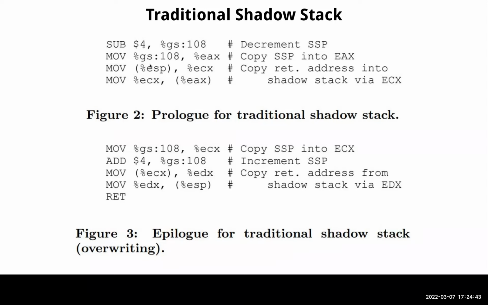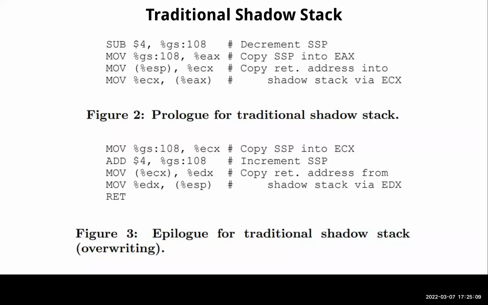Then we move that new address to EAX. Then we move what ESP points to into ECX. This will be the new prolog for the function. This code comes before the push EBP, move EBP to ESP, and subtraction.